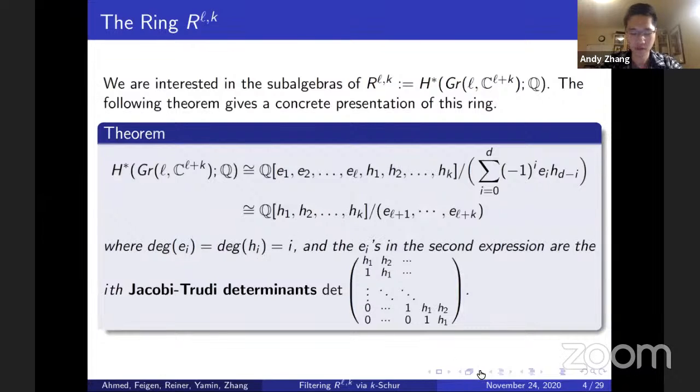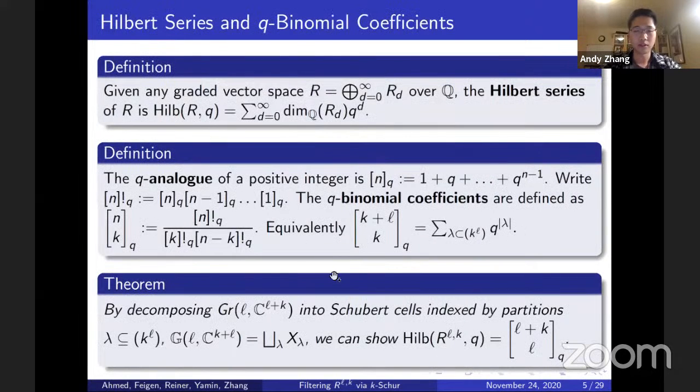Recall that for any graded algebra, or graded vector space R over a field, say Q, we can define its Hilbert series by taking the generating function of the dimension of each graded piece. In particular, we're interested in studying the Hilbert series of this ring R_{l,k}, the cohomology ring of the complex Grassmannian.